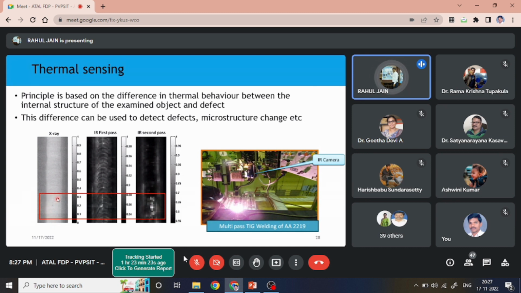The same can be seen in the X-ray, the small amount of porosity, which is not there in the other length. That way, this thermal sensing can also help you get information about defects.